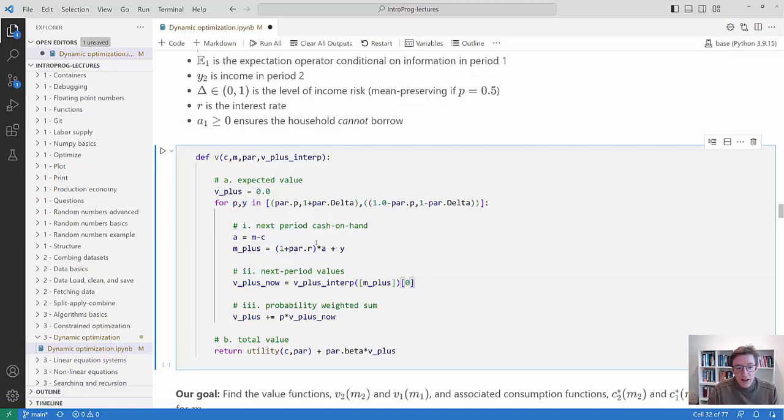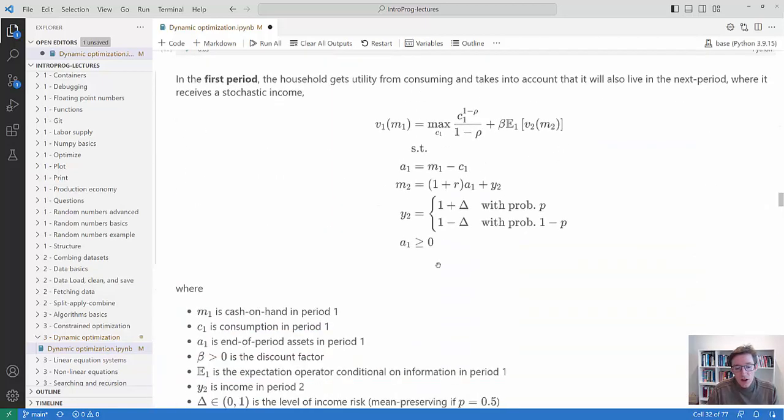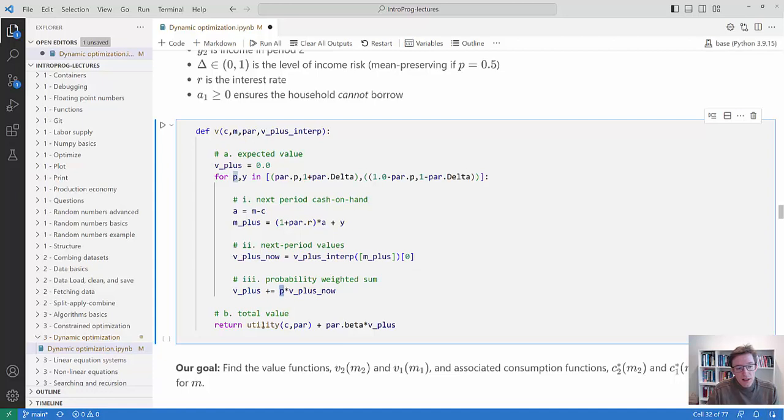Then I can evaluate my interpolation of the next period value, and I can increment my overall value from the next period by taking the interpolated value and multiplying it with the probability that this happens. So this is just the way you implement this expectation up here. And then in total, the utility is the utility of consumption, and then this discounted expected utility. Okay, so let's define this.